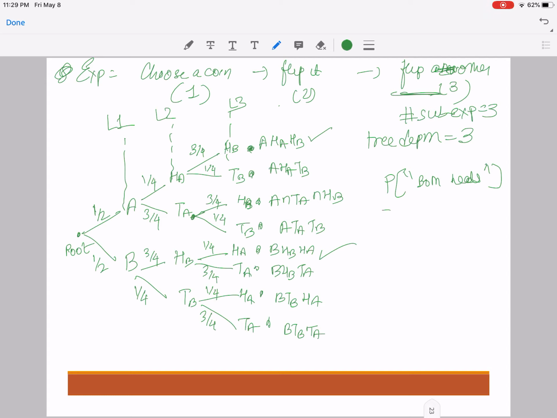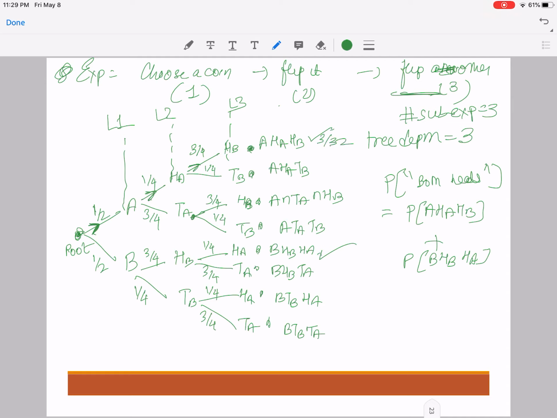So to find the probability that both are heads, I'll add the probabilities of these leaves. And to find the probabilities of these leaves, I will trace the path from the root all the way to these leaves and multiply the probabilities that appear along the way. So 1/2 times 1/4 times 3/4 gives me 3/32.